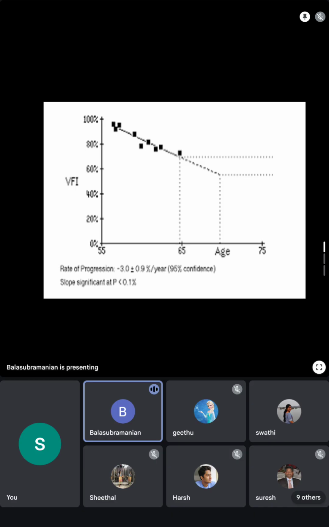What will that black square indicate? What is that? What is this number? So many black squares. How have they arrived at that? First, we should understand what they have plotted, what they have done.